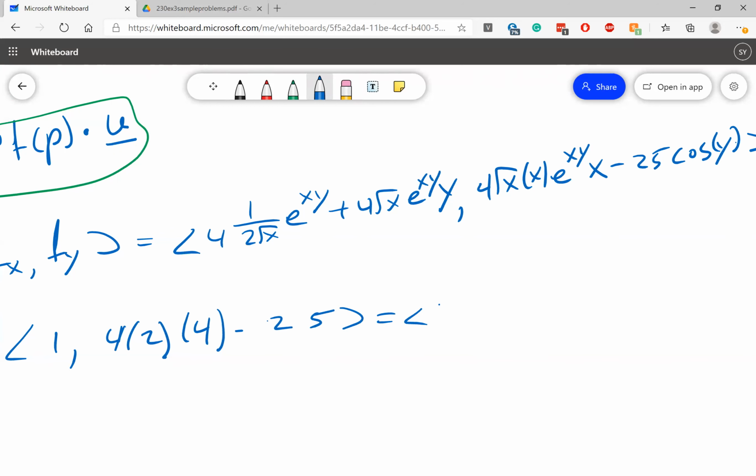Okay, which is going to be 1 comma, and then we are going to have 8 times 4, which is 32, minus 25, which is 7. So this is going to be our gradient of f at point P.